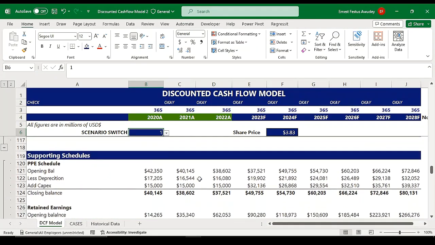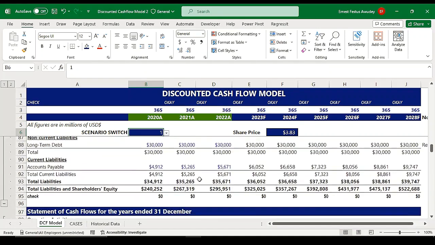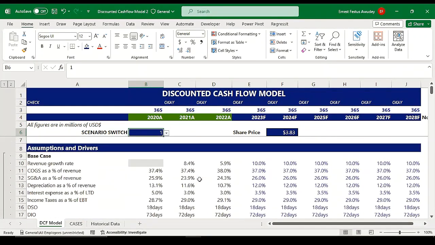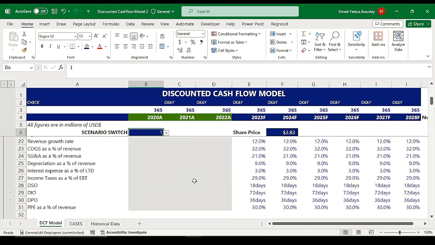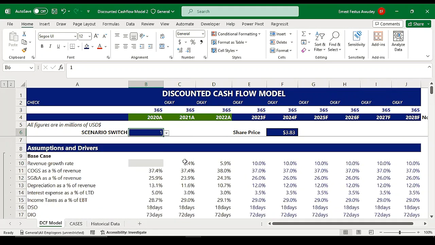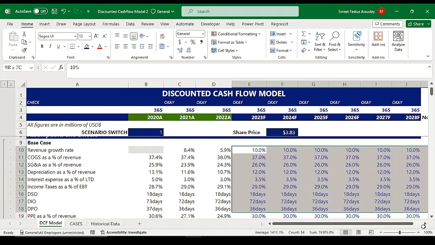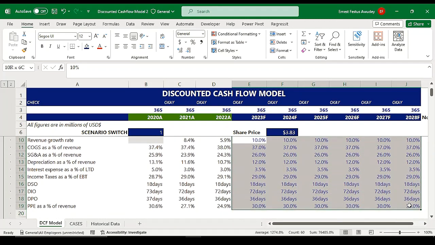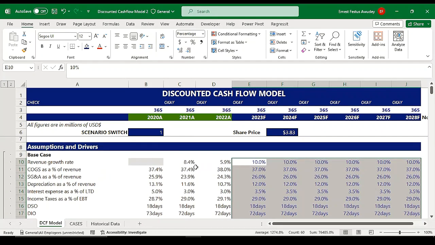All right. Then we calculated the assumptions based on the historical financial data. As we have in the blue here, from these calculated figures, we made assumptions for our base case. The base case is not too different from the ratios that we have calculated.